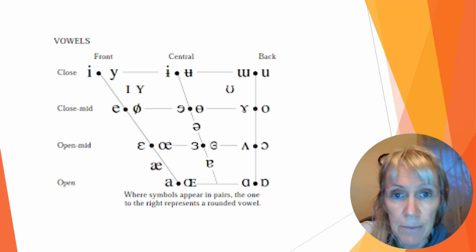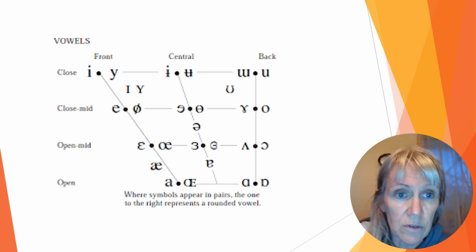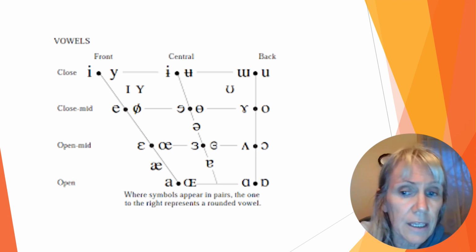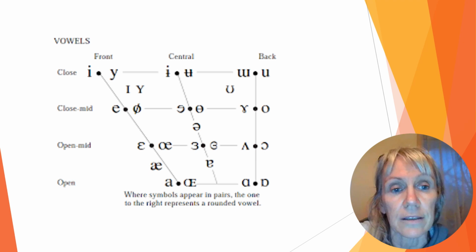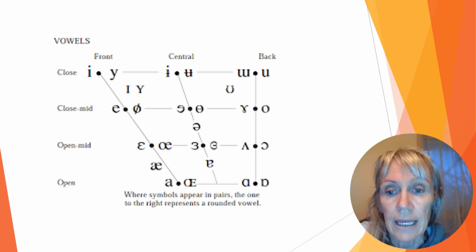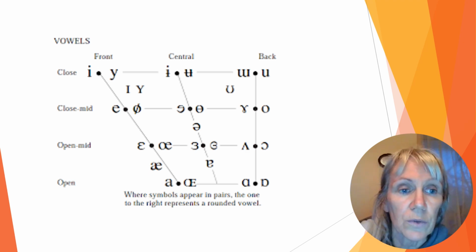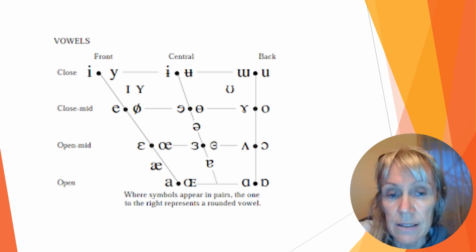We will not use that upside down M. That U looking symbol in the back we shall use in a Canadian symbol. The large I underneath in close and front section refers to the short I. We will use that horseshoe U. We will use the E close to close mid, that E looking symbol.